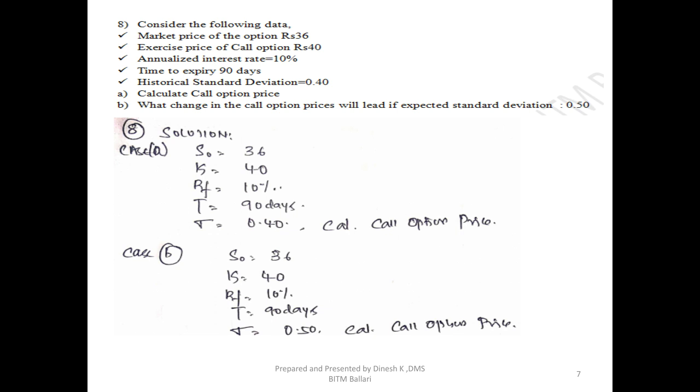Only thing is that we take the standard deviation as 0.50, and we need to show the change in the option price when the standard deviation changes from 0.4 to 0.5, that is a change of 0.10. For a 0.10 change in the standard deviation, what would be the possible change in the option price is what question 8 is about, right? For both we apply the case 1 formula, that is underlying asset not paying any dividend.